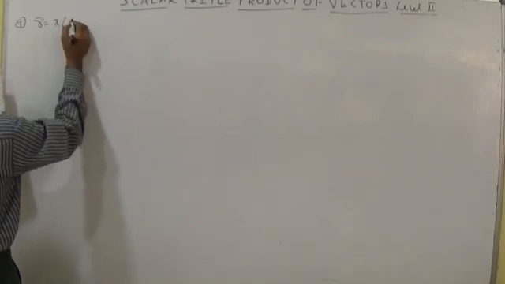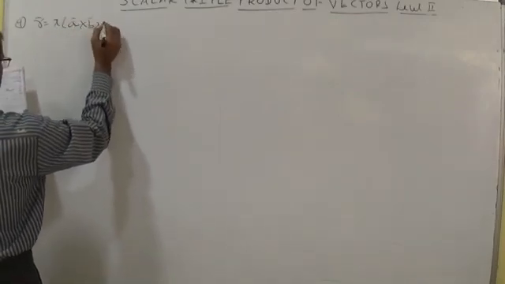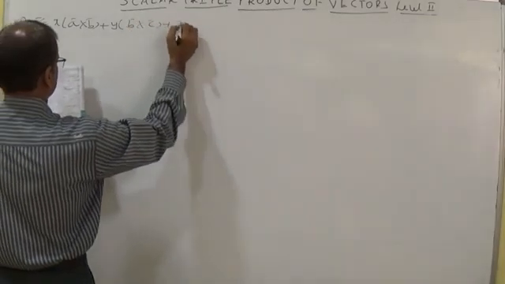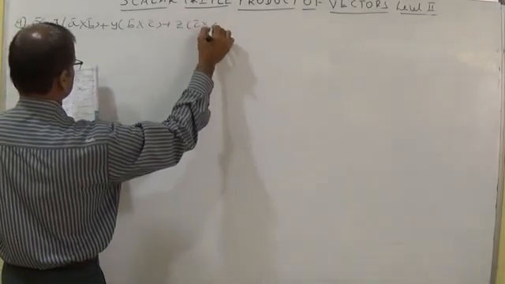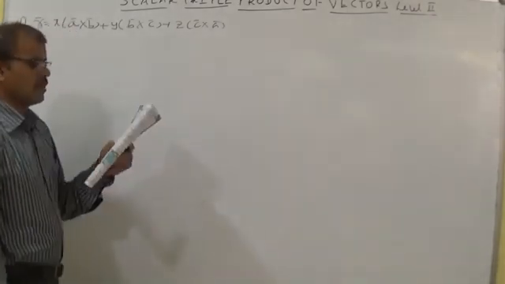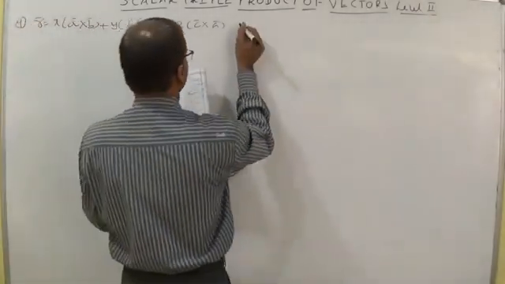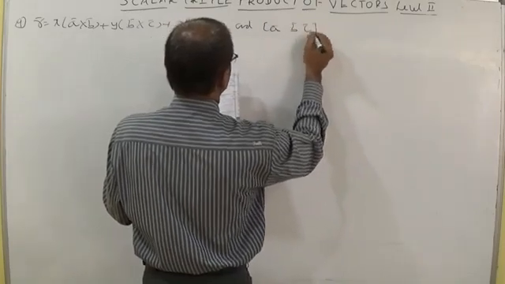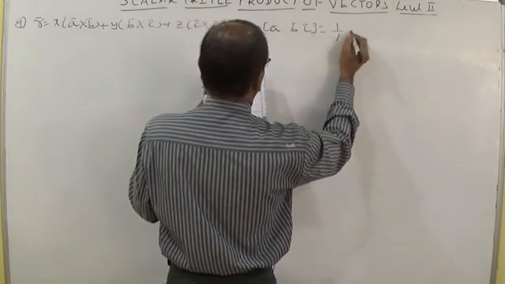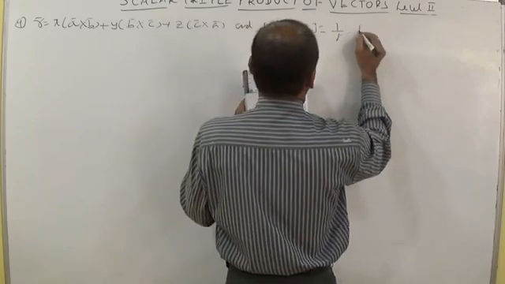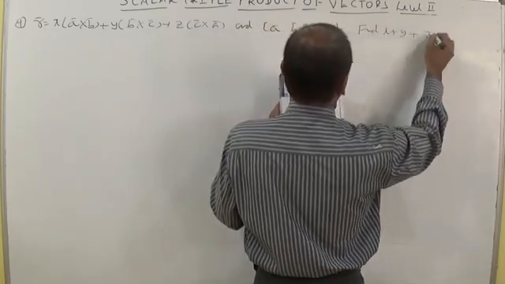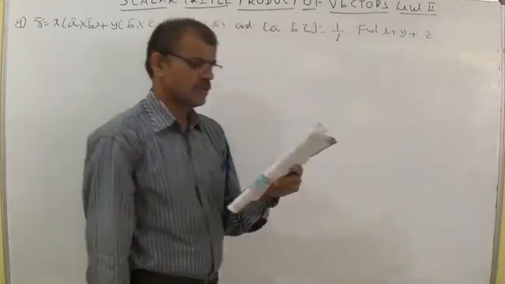R bar is equal to X into A bar cross B bar plus Y into B bar cross C bar plus Z into C bar cross A bar. And box ABC value is equal to 1 by 8, he given. Box ABC value 1 by 8. We should calculate the value, find X plus Y plus Z.